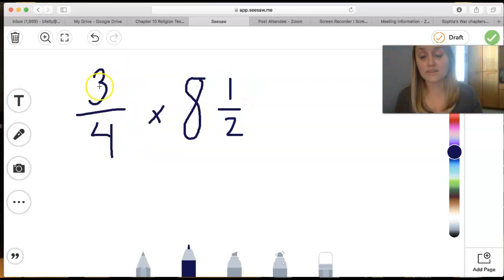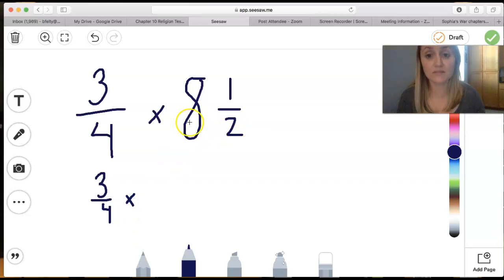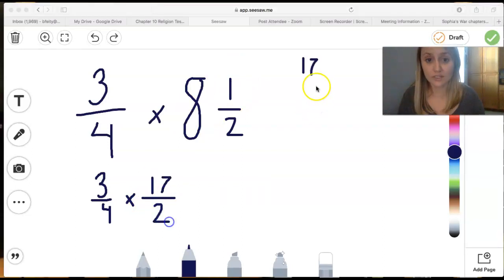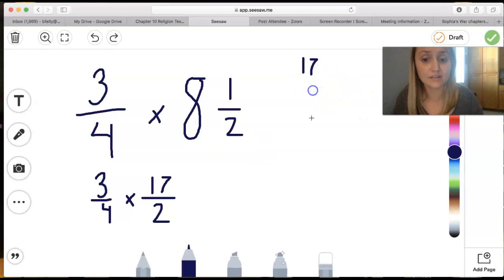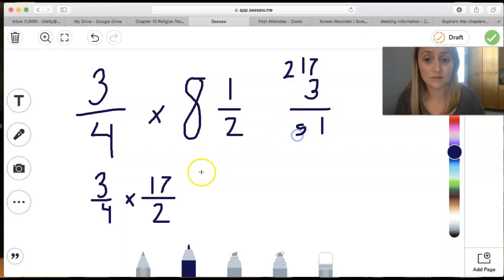Okay, so here 3/4 is already a regular fraction, so we don't need to change that. We do need to make this into an improper fraction. So 2 times 8 would be 16, plus 1 would be 17. Denominator stays the same. Okay, so now we're going to go straight across, and 17 times 3 is 51.